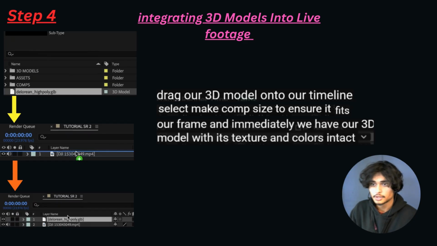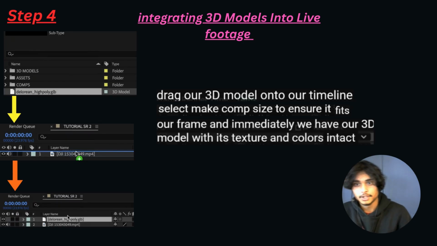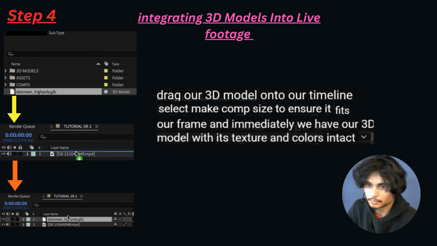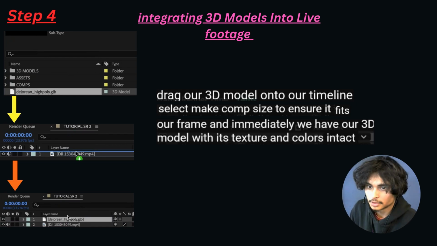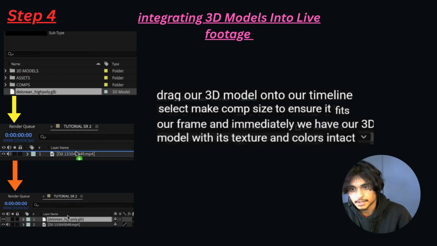So step four, integrating 3D models into live footage. What you want to do is drag your 3D model onto your timeline, select a comp size to ensure it fits the frame, and immediately we have our 3D model with this texture and this color.